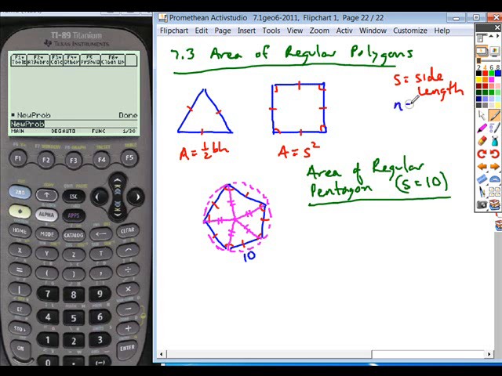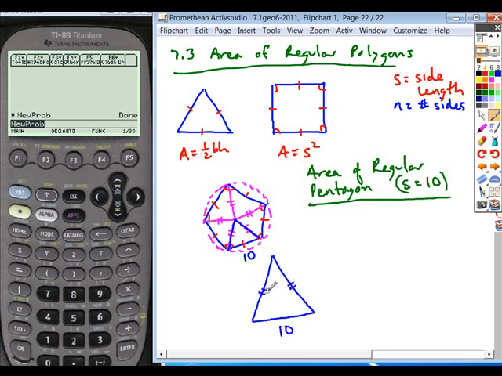So if n is the number of sides in a regular polygon, the number of triangles that can be formed is the same as the number of sides. So what other information can we find out about one of these triangles? If we take one of these reference triangles, the side is 10.